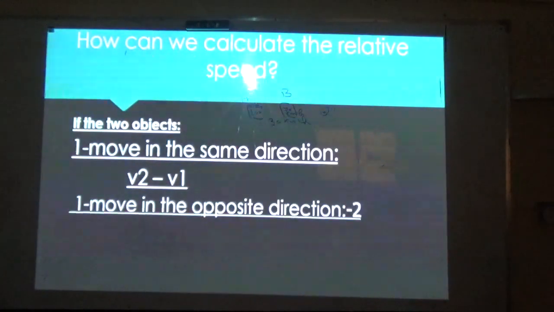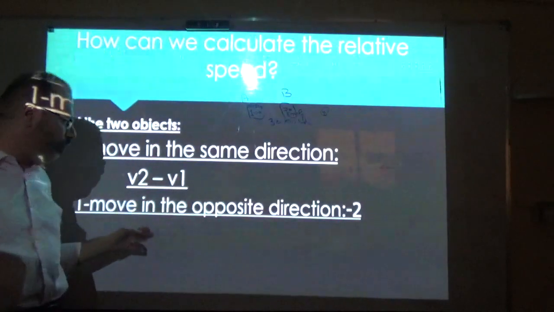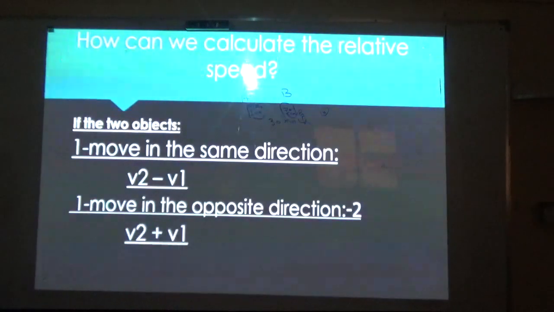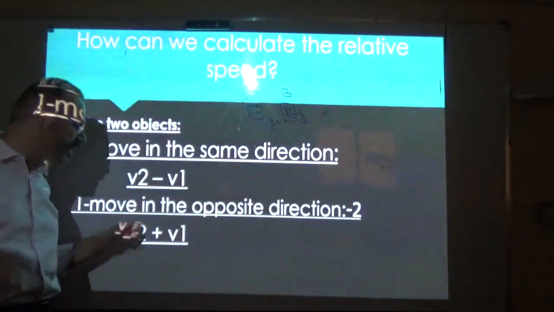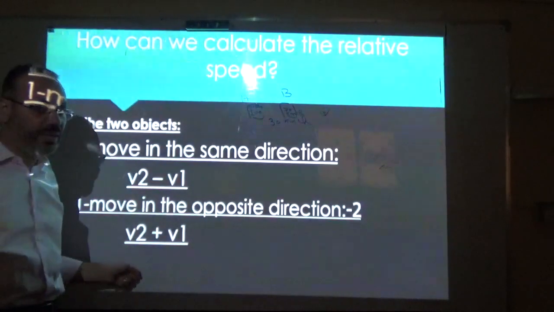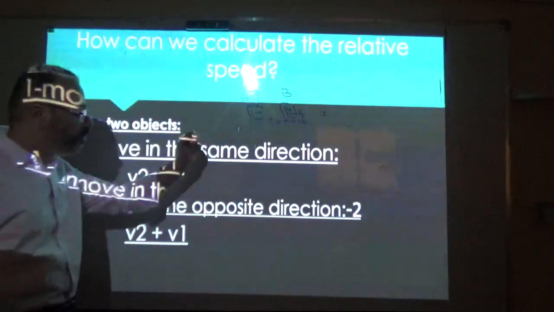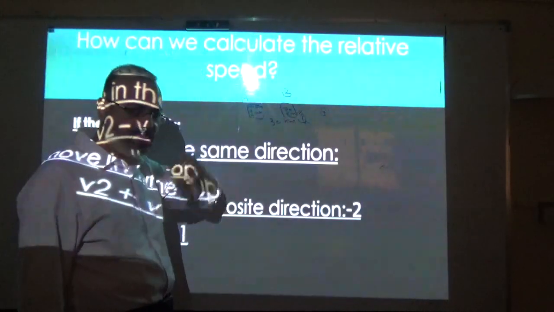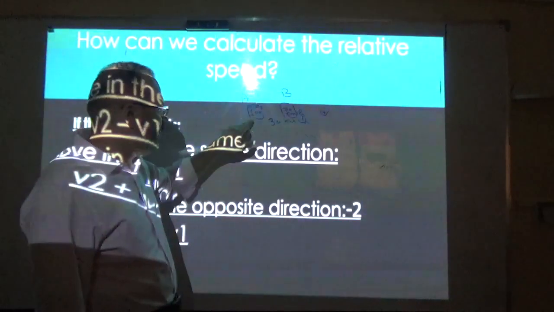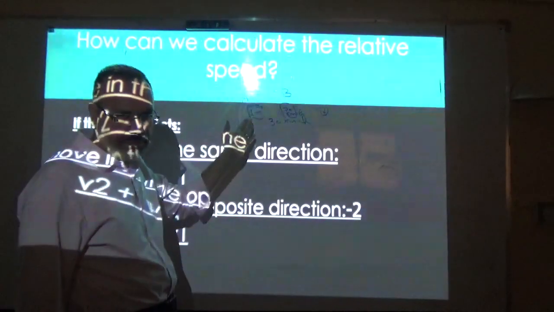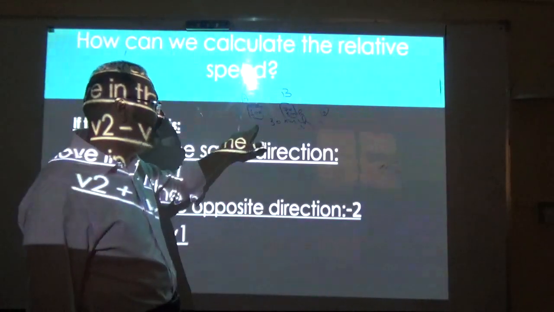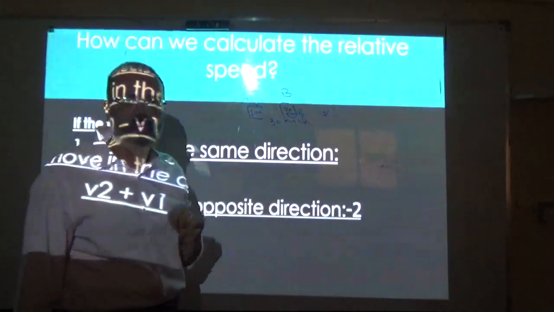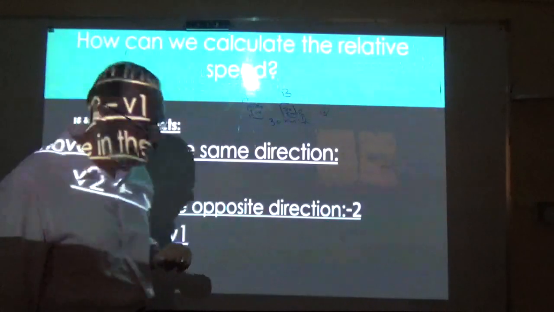But when the two objects move in opposite directions, we calculate the relative speed by making the summation of the two speeds. For example, if these two cars move in opposite directions, the relative speed for the person in any one of them can be calculated by making 100 plus 70, and the speed will be 170.